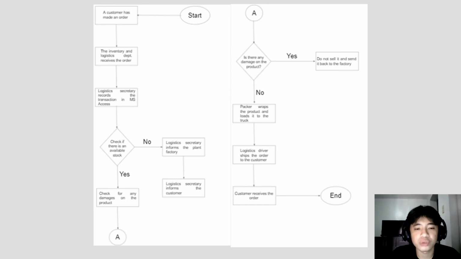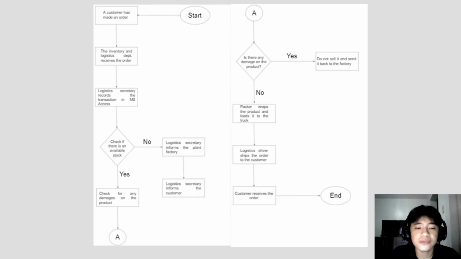Before the order is processed, the availability of the stock must be considered first. If the company runs out of stock, it is the secretary's job to inform the person in charge of the factory and inform the customer that there is no available stock as of the moment.